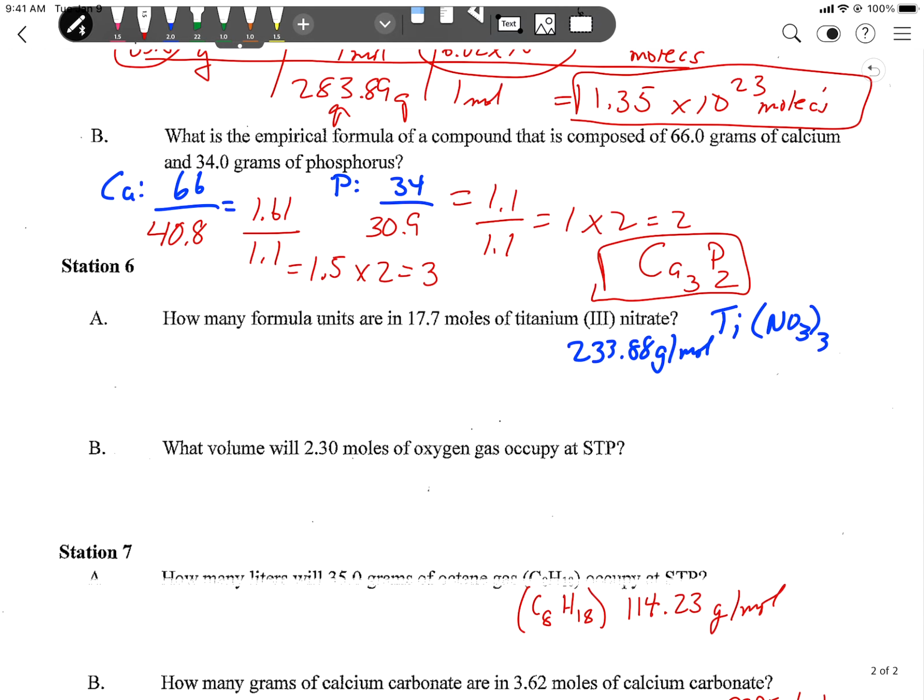Okay, last 4. How many formula units in 17.7 moles of titanium(III) nitrate? So we're looking for formula units. Not a lot of room down there, so I'm just going to leave the unit off. I know I always complain about the units, but we're going to leave that one off for the room's sake. So we're going to put 1 mole here.